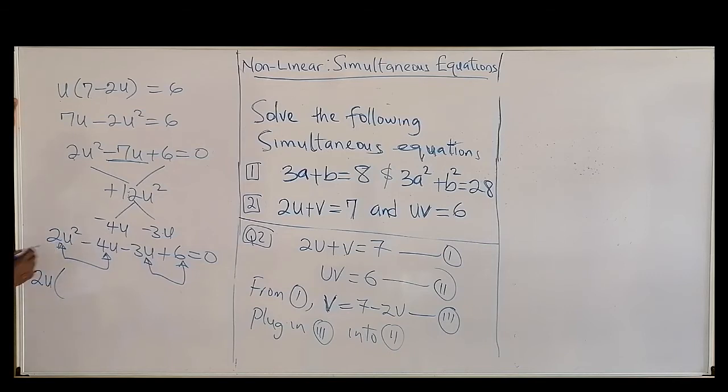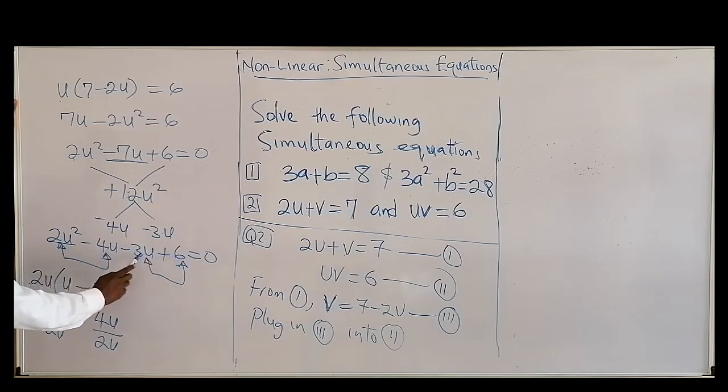If you take 2u out, it remains u inside, and then here it will just be 2. For that, 2u squared over 2u gives you u, and 4u over 2u gives you 2.